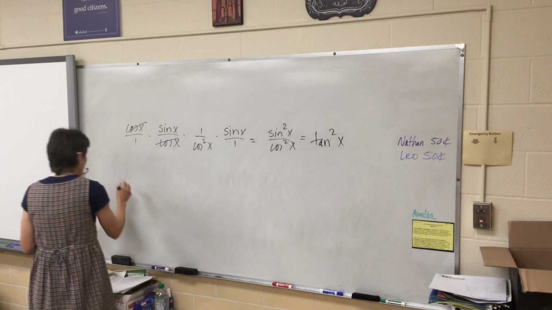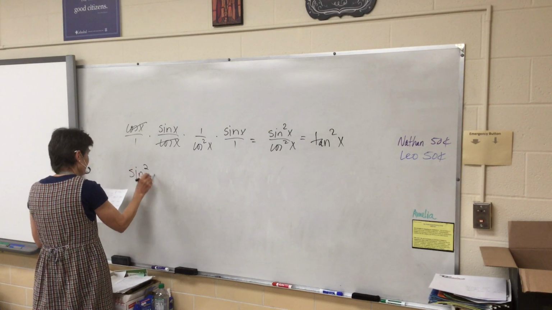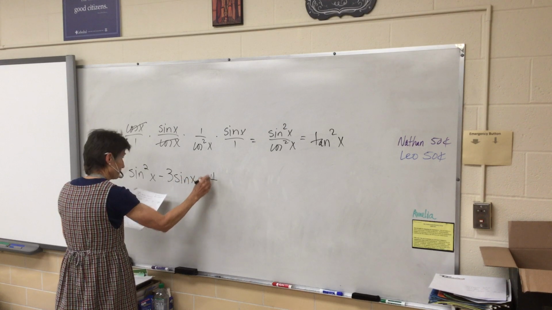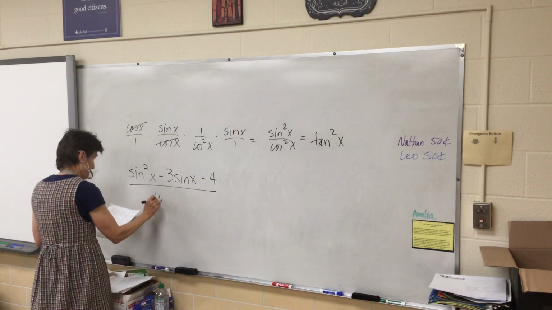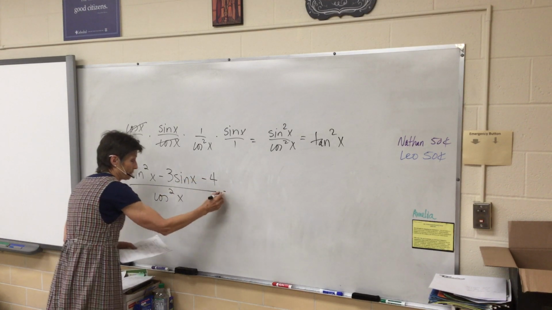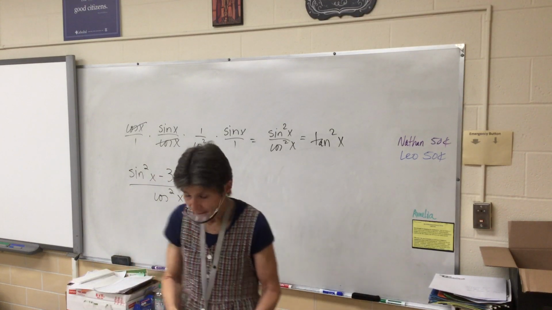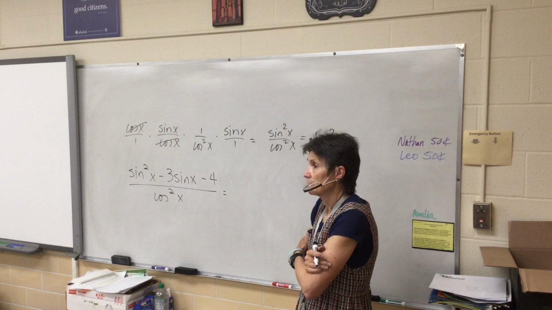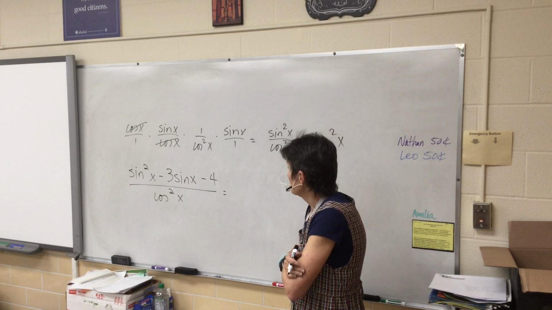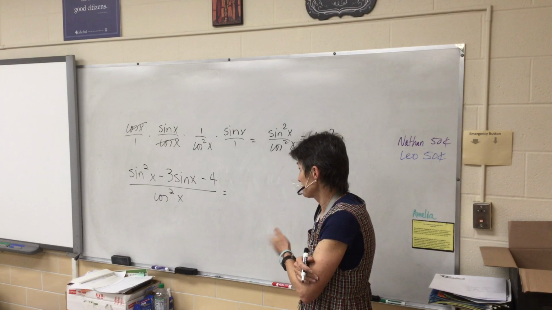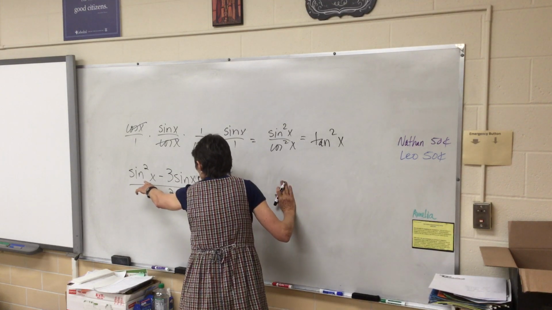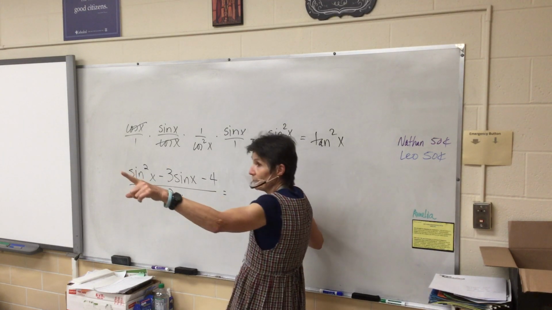All right, now the next one. This one's a little bit harder. All right, anybody notice anything about that problem? Okay, there's a lot of stuff. It's factorable. I heard somebody say it.